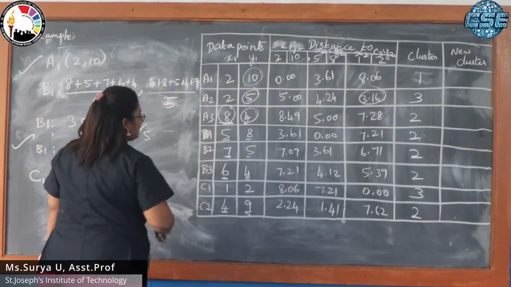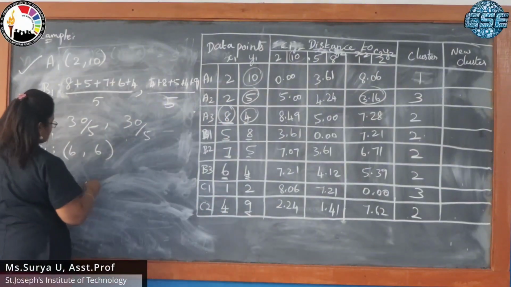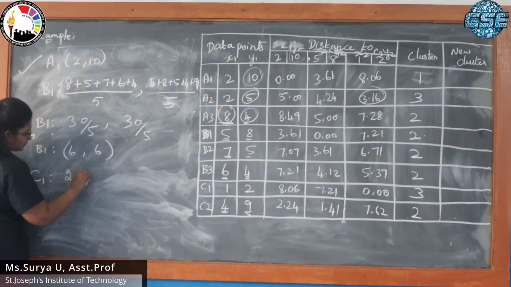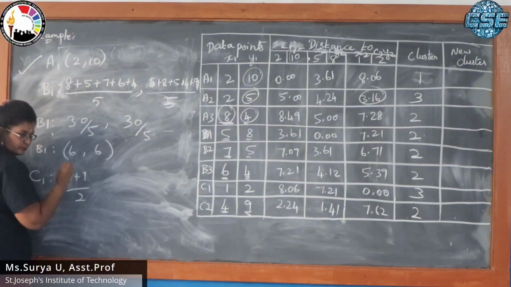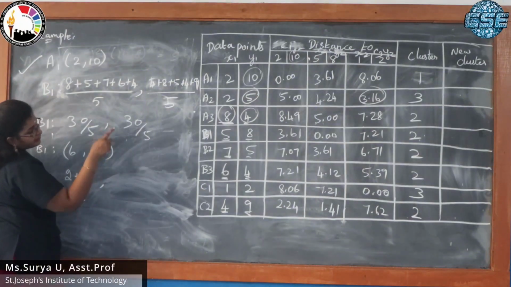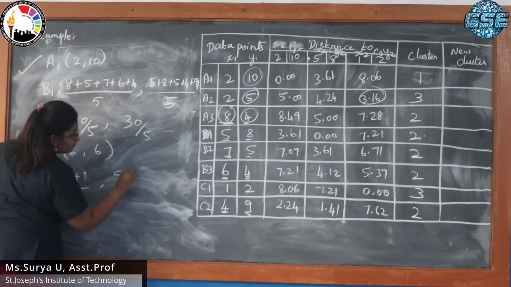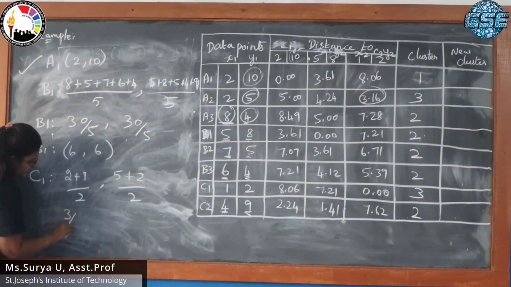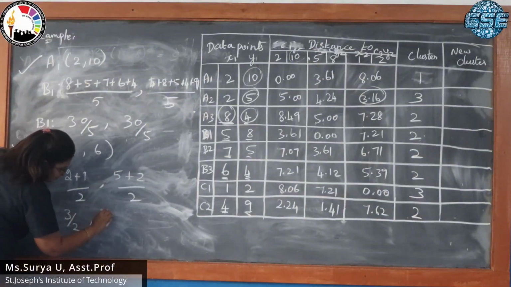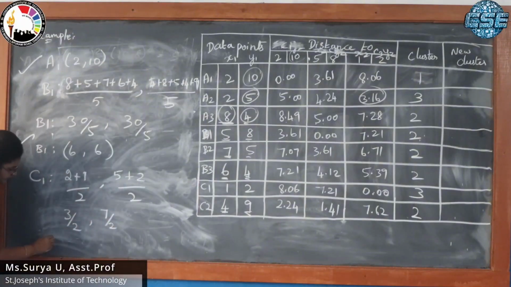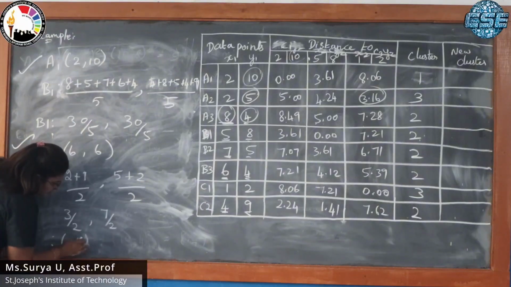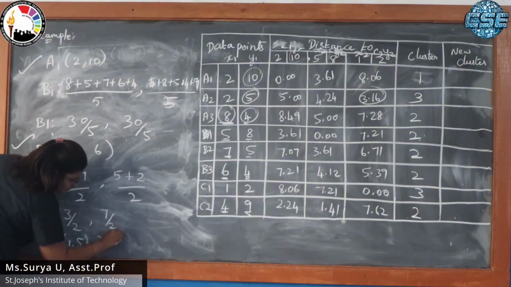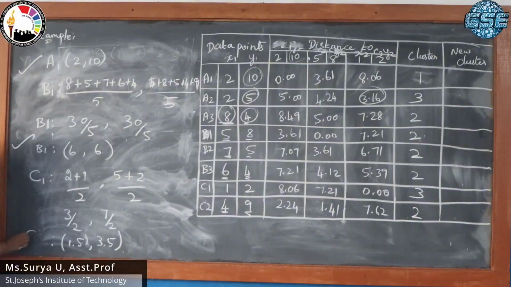I am taking the average of 2 plus 1 divided by 2, comma, and for the y value, 5 plus 2 divided by 2. What will you get? 3 by 2, comma, 7 by 2. So the final answer is 1.5, comma, 3.5. So this is your C1.